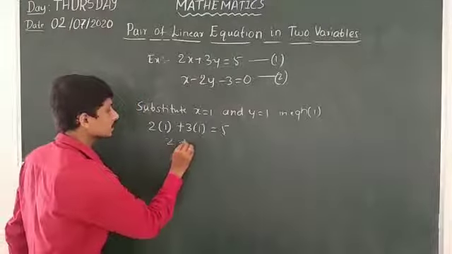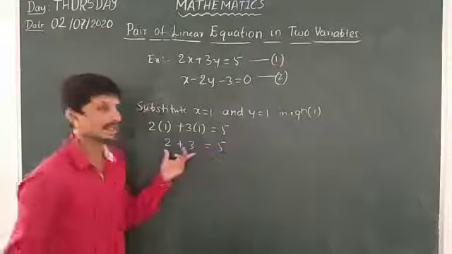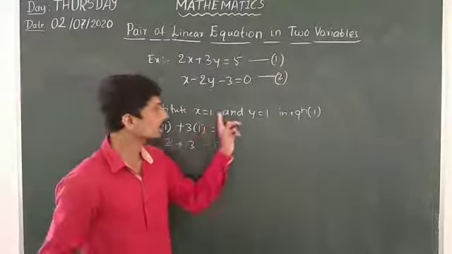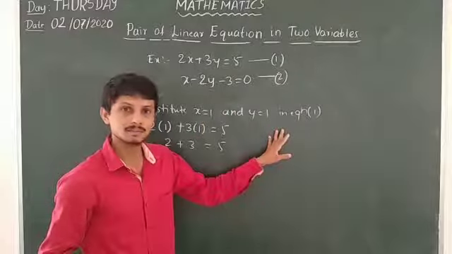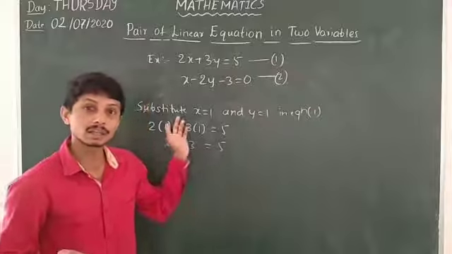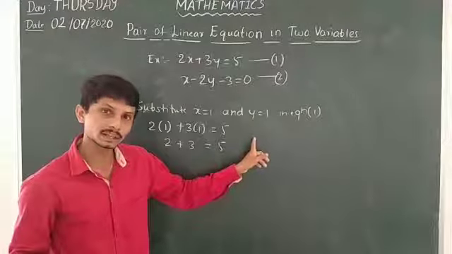So 2 plus 3 is equal to 5. That means LHS is equal to RHS. Yes, that means x is equal to 1 and y is equal to 1 is the solution of the equation.